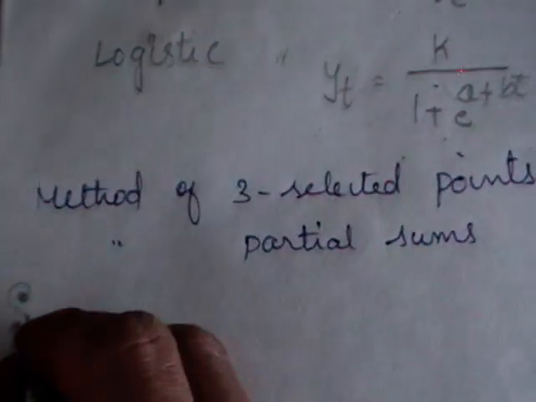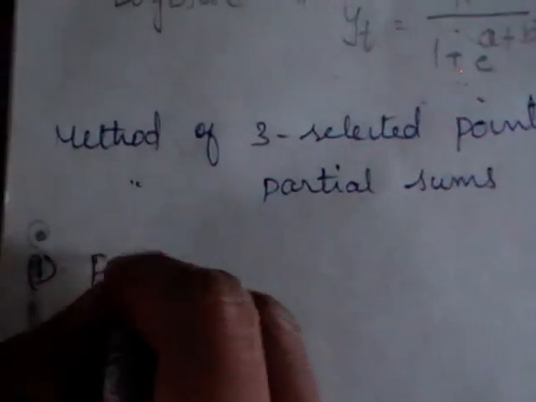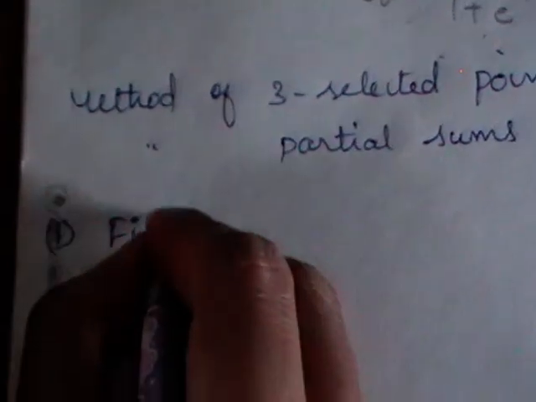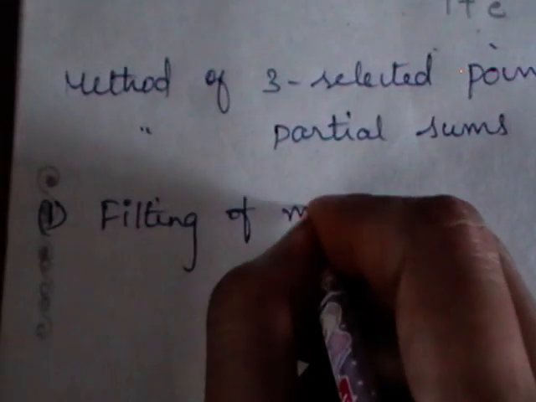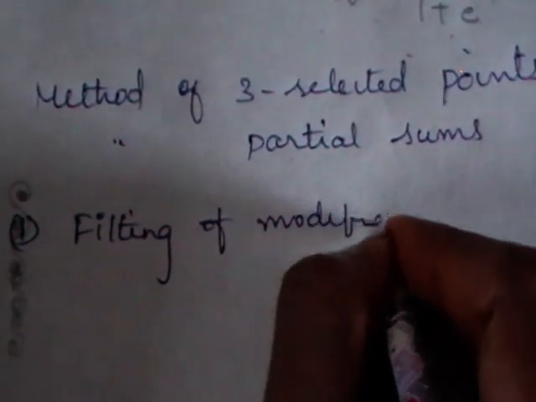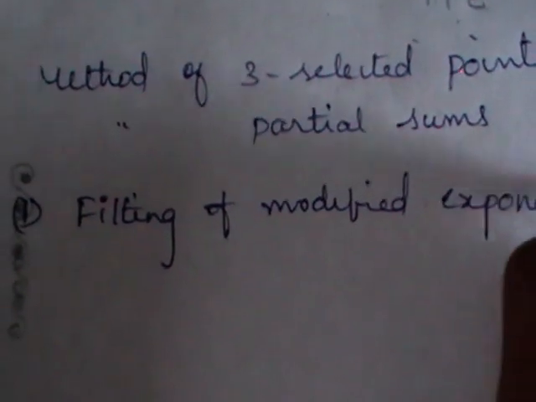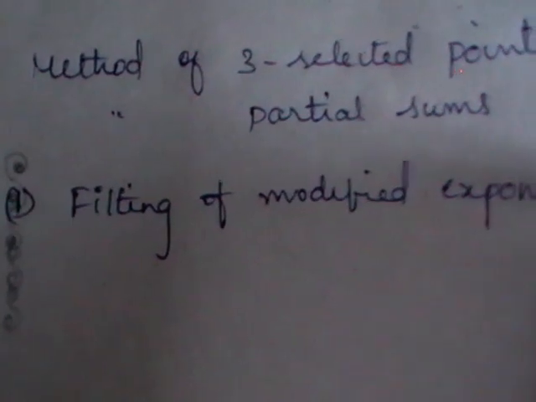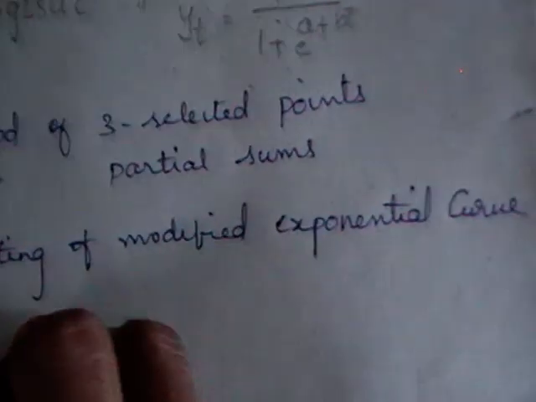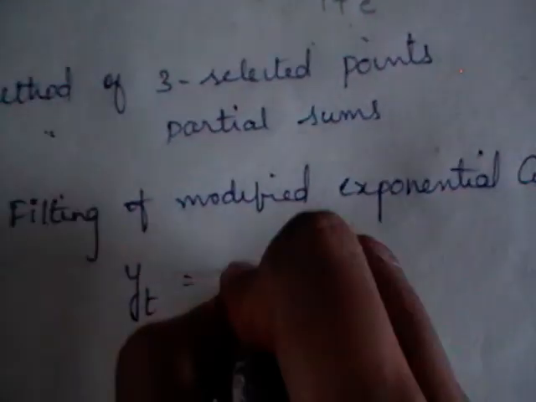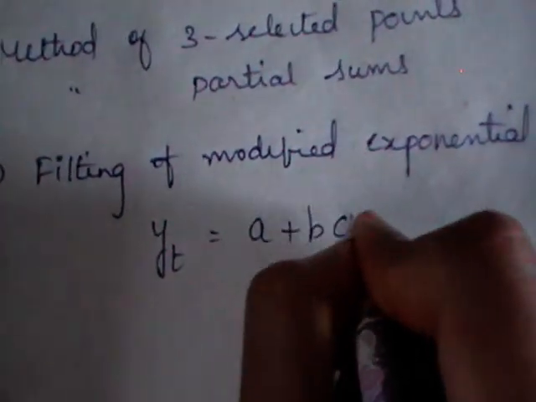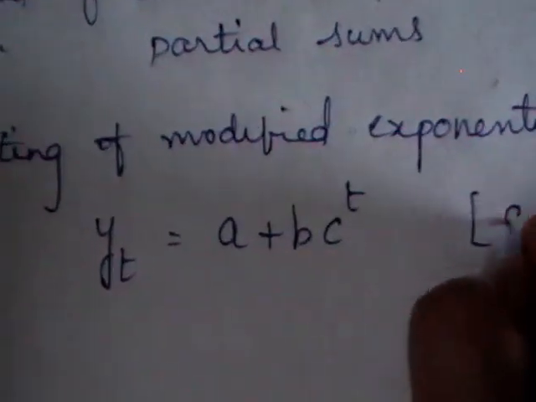So let us start with fitting of modified exponential curve. So here it is nothing but yt is equal to a plus b c power t. So what are the three parameters here?